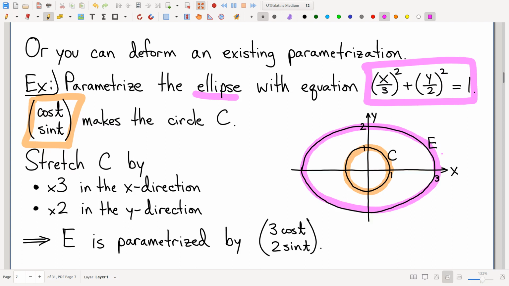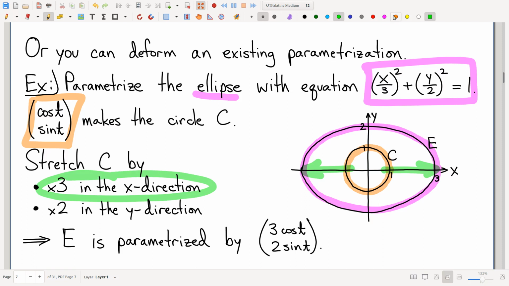So the big idea is, look, the ellipse is a lot like the circle. It's not the same, but ellipses come from circles, arguably. Ellipses are what you get when you stretch a circle by appropriate amounts in the two given directions. I can see right here from this picture, this circle has radius 1. This ellipse, at least in the x direction, has radius 3. I need to stretch it by a factor of 3 in the x direction.